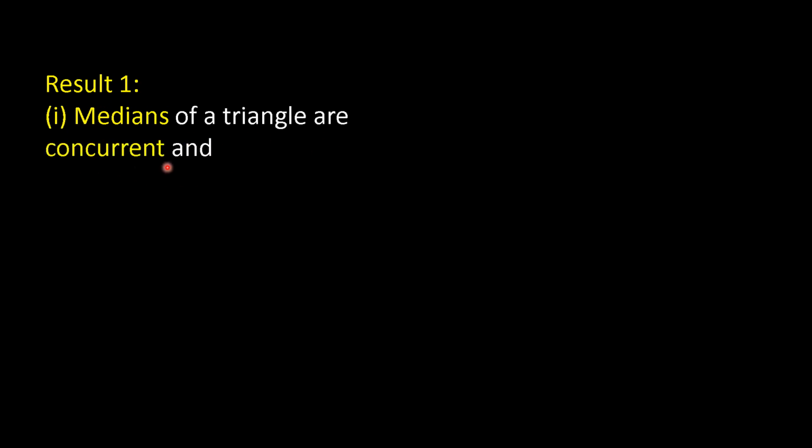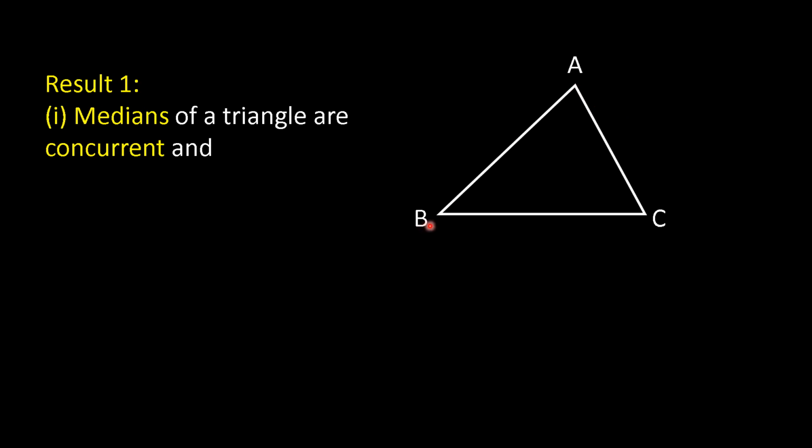Result 1 is in two parts. The first part is medians of a triangle are concurrent. In triangle ABC, median AD, median BE and median CF are concurrent, which means they pass through the same point.